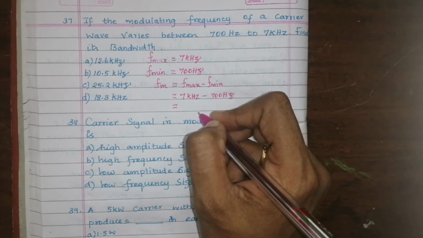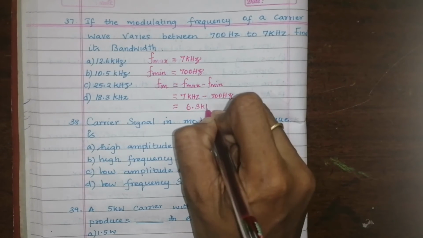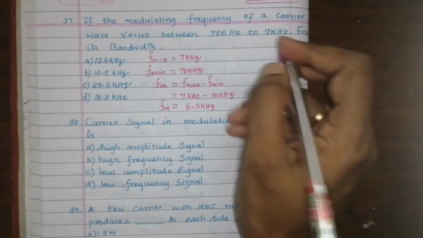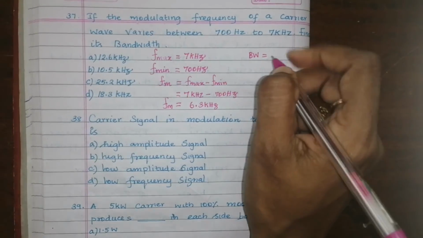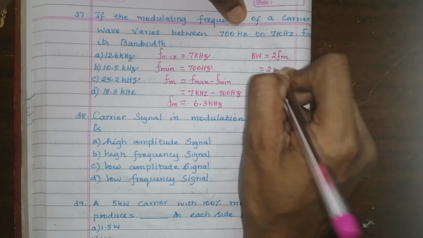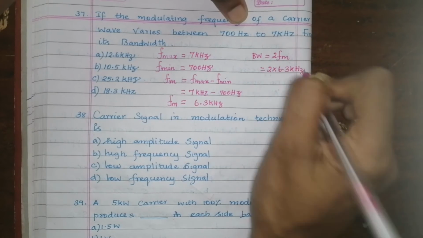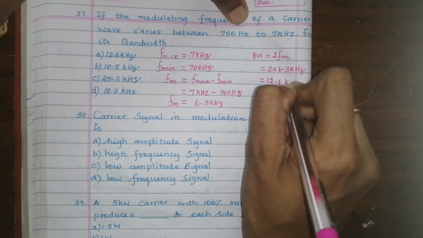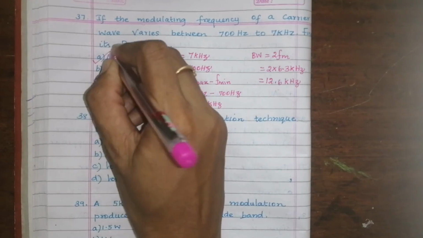We will be getting 6300, which is nothing but 6.3 kilohertz. Now this is our Fm value. We have to find the bandwidth. To find the bandwidth, the formula is bandwidth is equal to 2Fm, which is equal to 2 into 6.3 kilohertz. On multiplying this, we will get 12.6 kilohertz, which is our option A. So the right answer is option A.